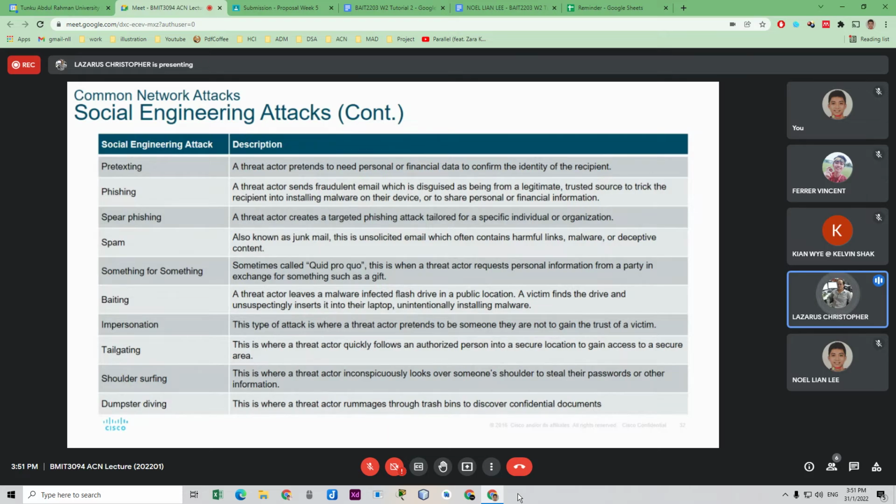They might even do such things, not only social media. They go to the company to find out in detail about this person, so that they can be very convincing when they're doing their social engineering attacks, right?